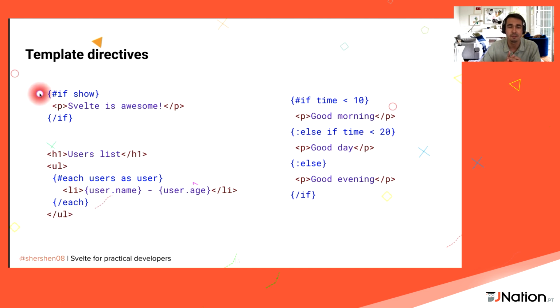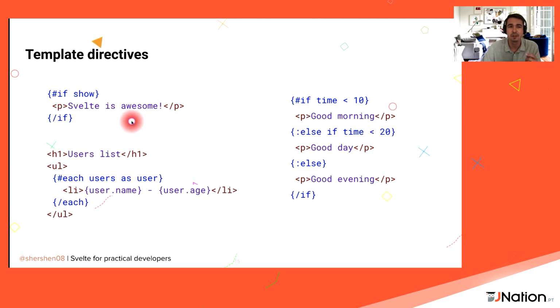Directives look like, again, single bracket expressions that start with a hash. So the hash tells the compiler that there is going to be some instruction that needs to be processed as one of the built-in directives.